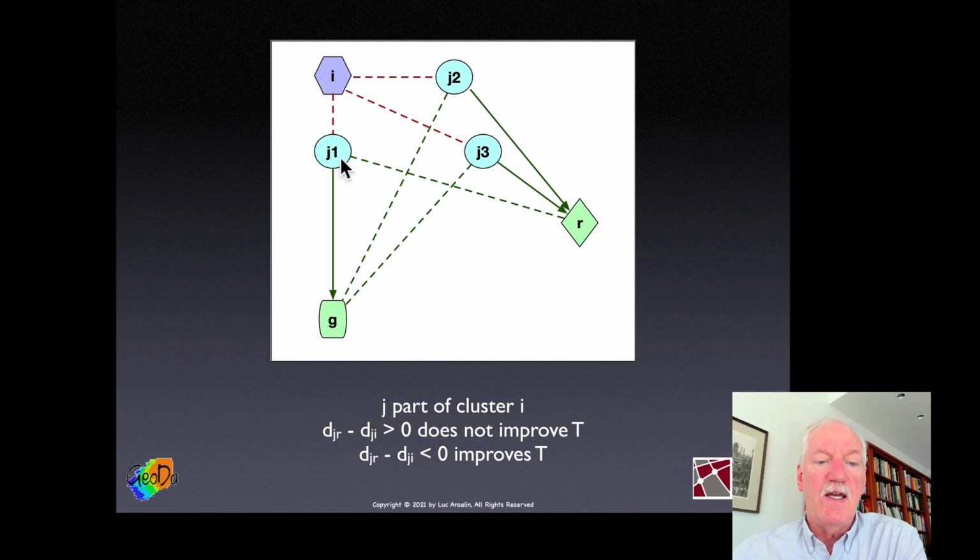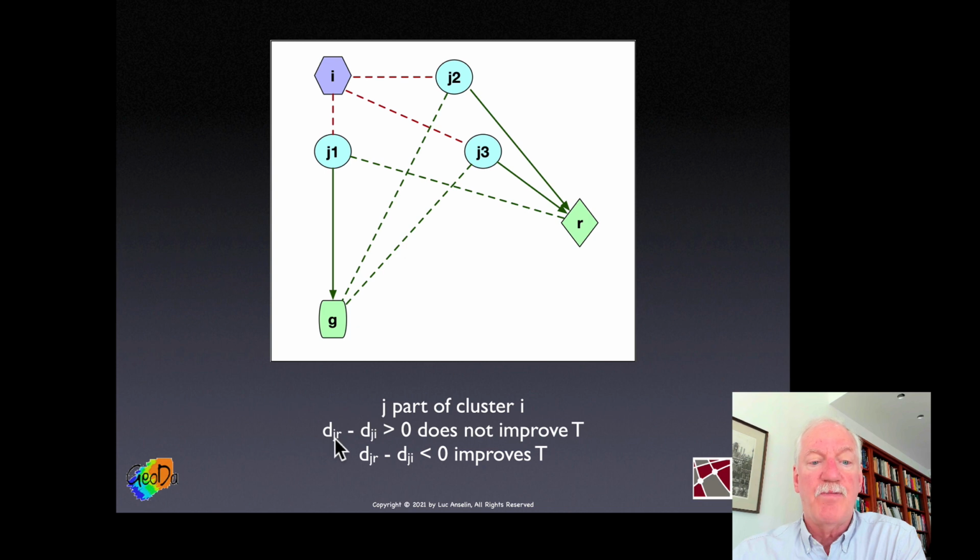And if J is closer to an existing center than to the new center, then it gets assigned to the existing center. But because it was assigned to I and therefore was closer to I, this does not improve the objective function. In fact, it makes it worse. So we have to count this deterioration in the objective function.